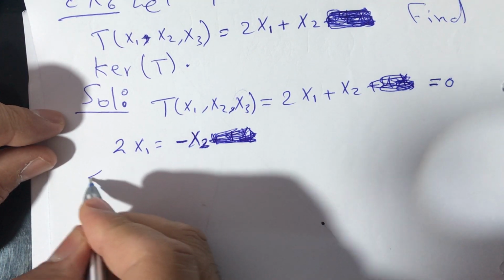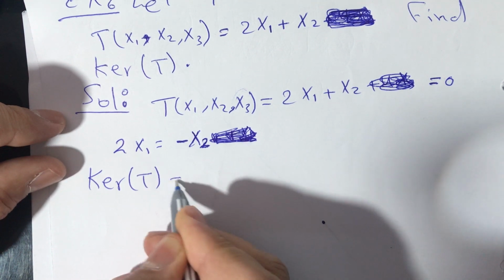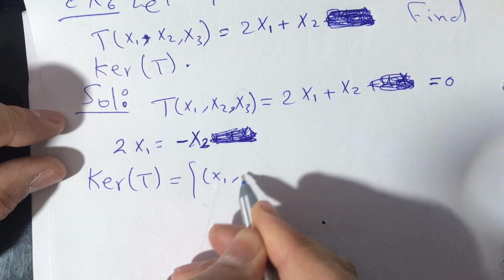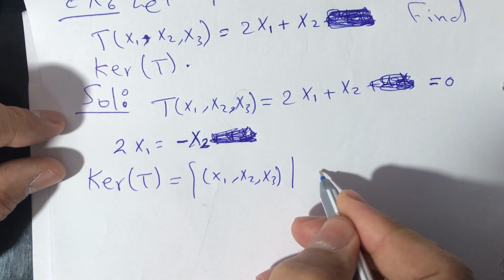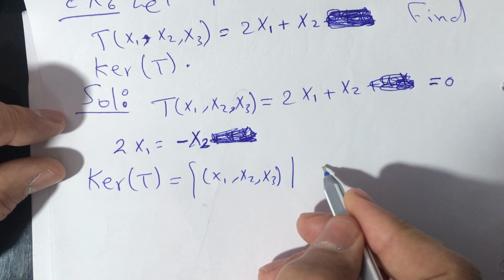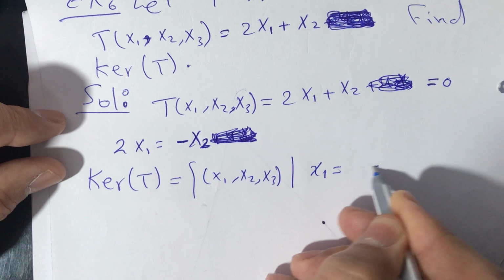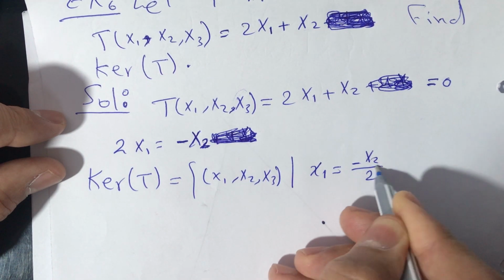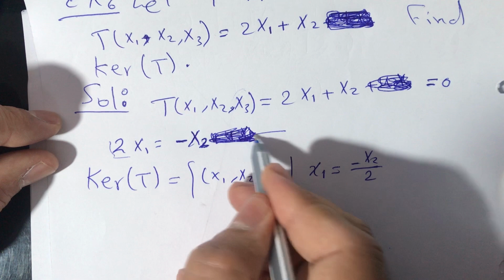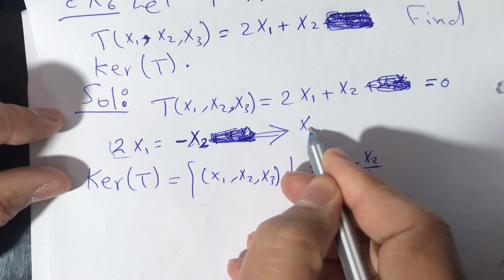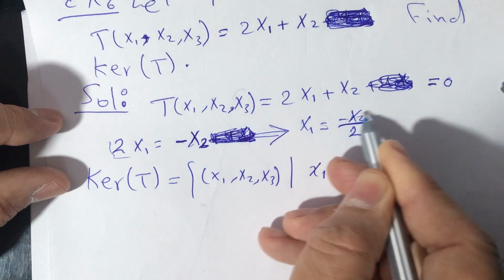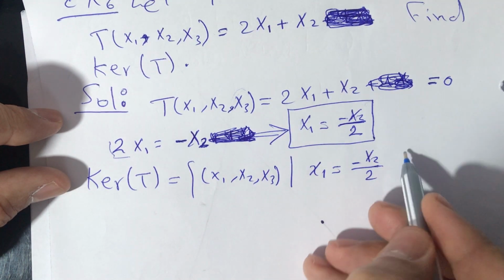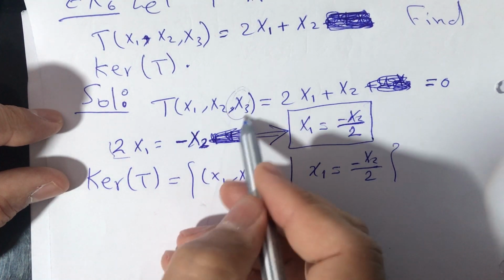So now the kernel of T is equal to the points (x1, x2, x3) such that x1 is equal to minus x2 over 2, because here there is a 2, and doesn't matter about x3.